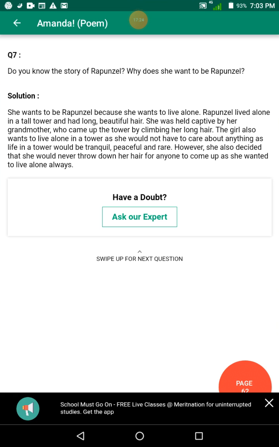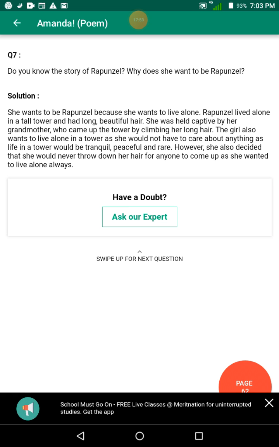It is not out of her wish that she was kept there. When her grandmother wanted to visit her, she would ask her to put down the hair, and she would climb up and see. But here the girl doesn't want to be like that. She doesn't want to put down her hair and want someone to come there. She wanted to live her life in peace, tranquility, and rare. Tranquility, perfect peace, nobody to disturb. Okay? Understood? Shall we read again?